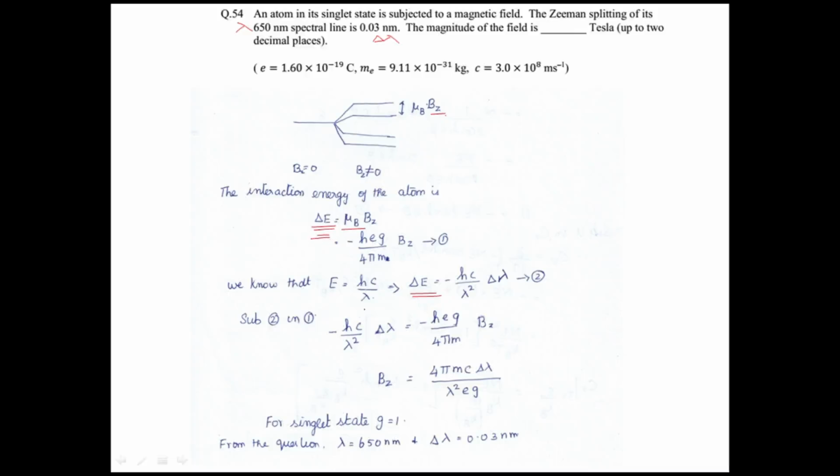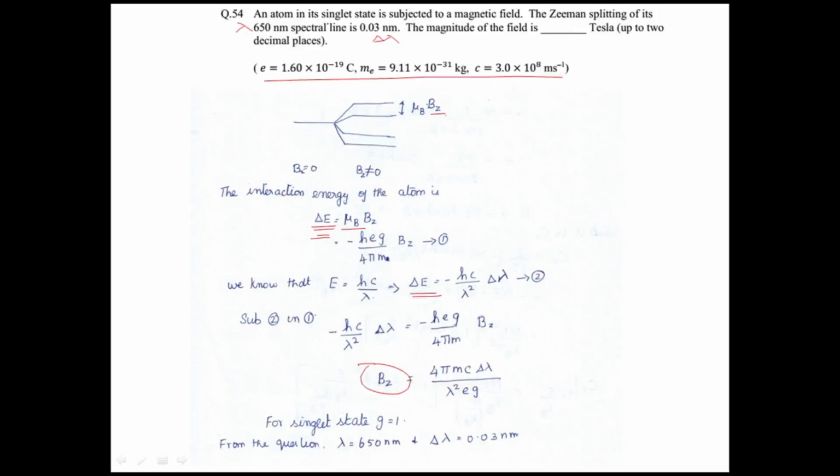Then, when simplifying it, we will get the value of the magnetic field Bz, that is equal to 4 pi mc delta lambda divided by lambda square e into g. In the question, they have already given the value of e, the mass of the electron and the velocity of light, and the lambda value is 650 nanometer and delta lambda is 0.03 nanometer.